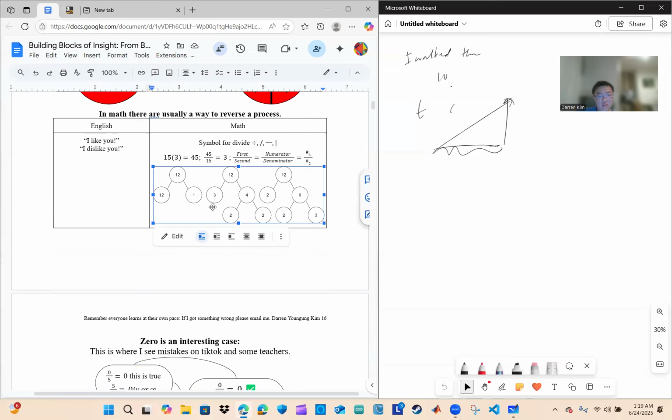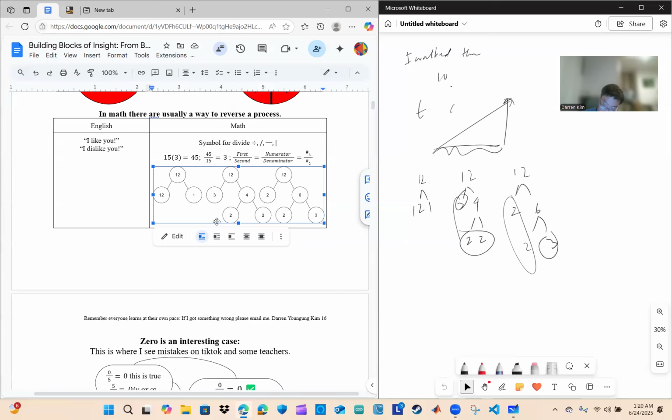I did change this. I think I showed a video of it because I didn't like the original one. So instead, we are doing this where we're just showing how divisions kind of work, and how there can be multiple ways to get this. As you can see, there's two, three, and there's one.